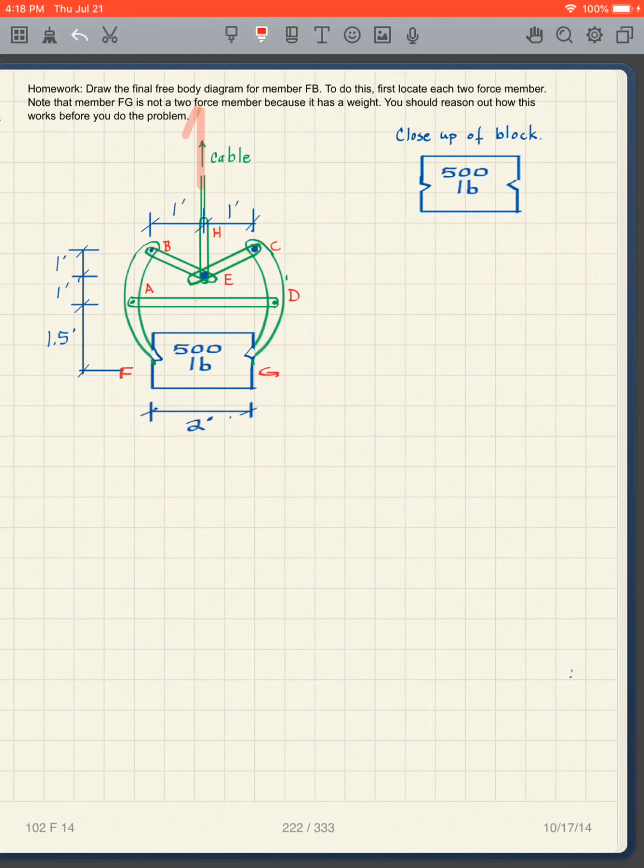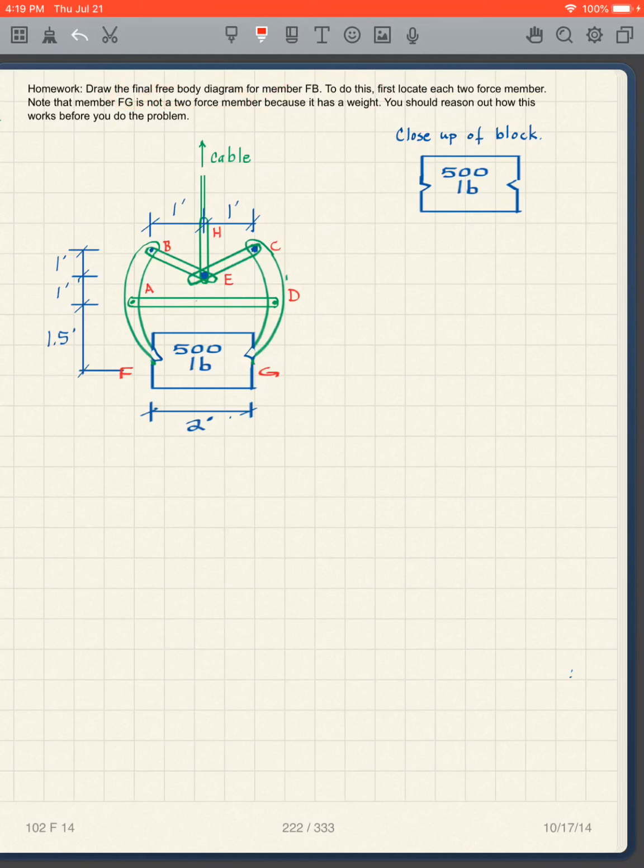And the question is, then what we want to do is draw the final free body diagram for member FB, and that is this member right here. To do this, first locate each 2-force member, and I'm just going to notice that FG is not a 2-force member because it has a weight.